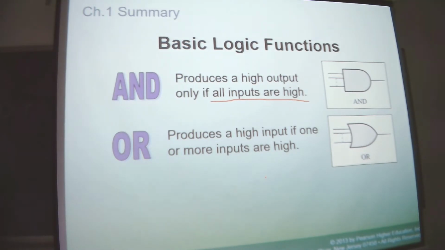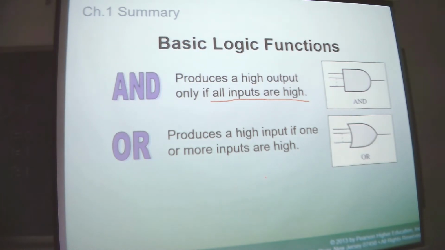If A equals 0, B equals 0, then Y equals 0. A equals 0, B equals 1, Y equals 1. A equals 1, B equals 0, Y equals 1.